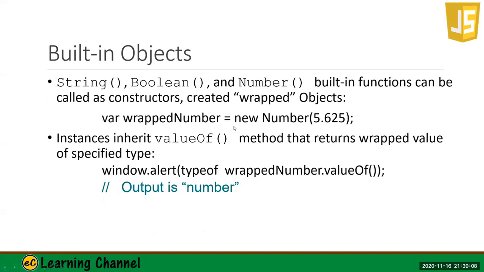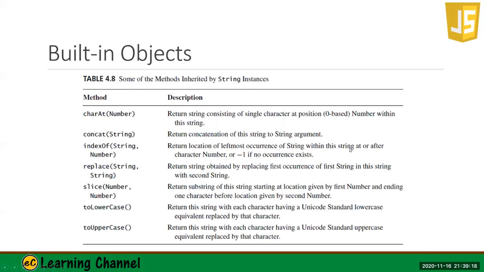Okay, and each wrapper class, each number will have a value that will convert strings to string. So here we have built-in functions from window. These different functions are all under window.